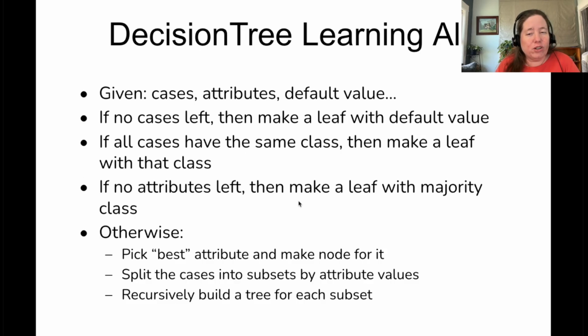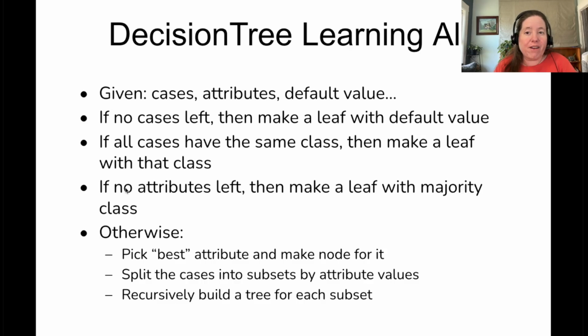The other thing that could happen is that we would have cases left, but we don't have any attributes left. What does that mean? That means that these examples all have the same values for all the attributes. We have asked about every attribute that there is, but they don't all have the same category, because I wouldn't get there unless I had missed this case.